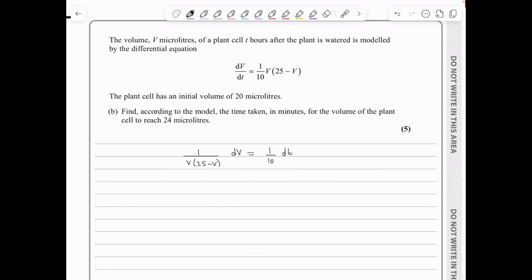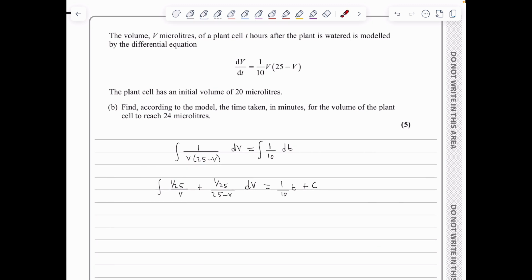dt. I can now integrate both sides, and I recognize on the left hand side the expression we decomposed into partial fractions in part A. So on the left hand side we are looking at the integral of 1 over 25 over v plus 1 over 25 over 25 minus v dv, and on the right hand side we've got 1 over 10t plus c. I just integrated. Now let's do the integral on the left hand side.